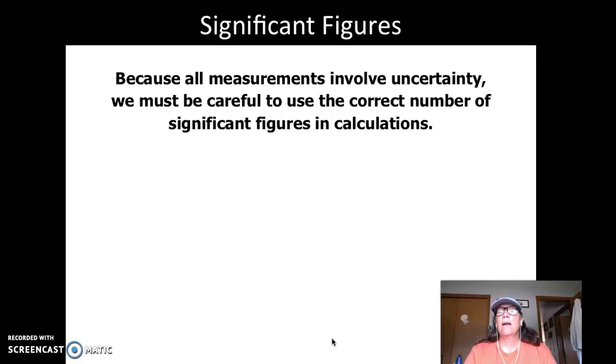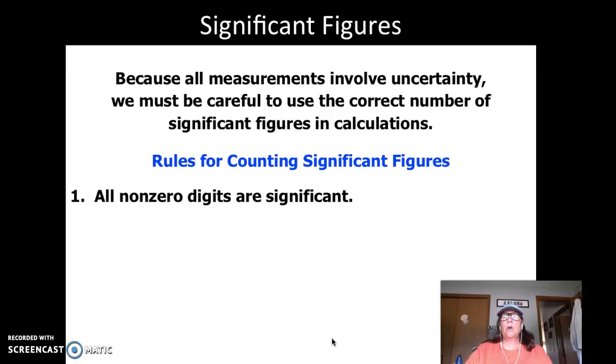Now I'm going to do a calculation to figure out the density. When I do a calculation, I have to make sure my answer has the same amount of significant figures as the measurements I took. I can't have more significant figures in my calculation than I did in the measurements. If you do that, you're basically lying.